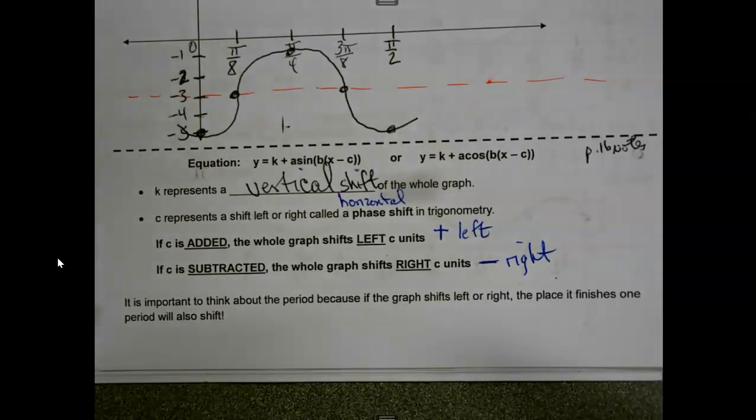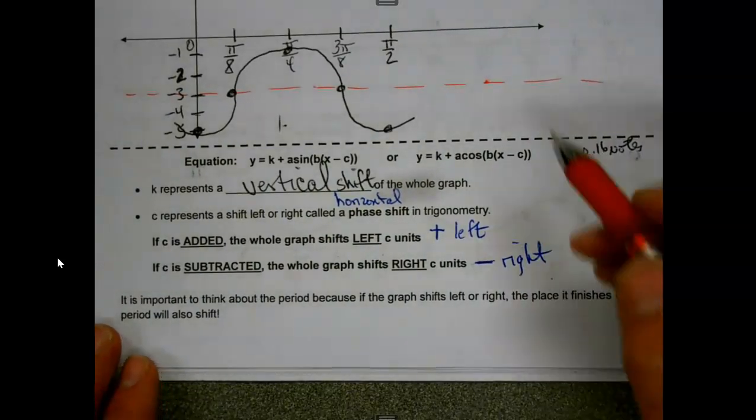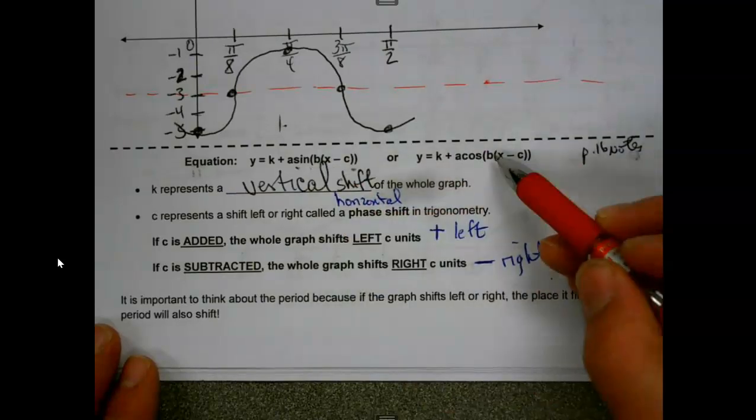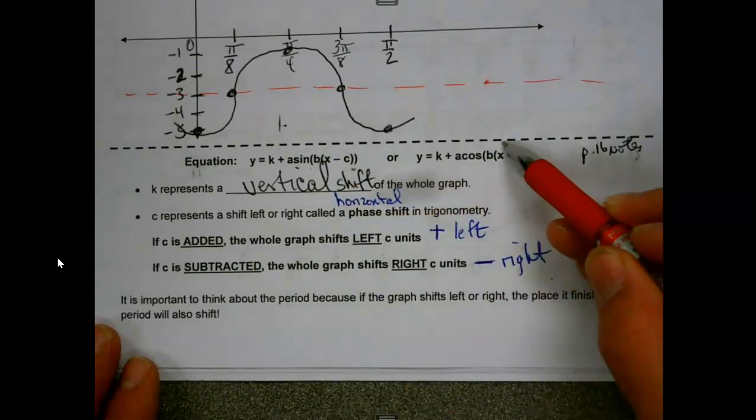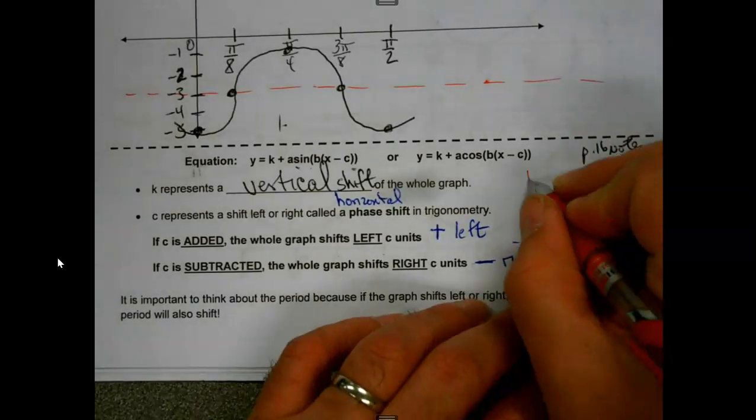But here's one thing I need you to take note of, because people get confused by it every time they see it. They go, Hardy, is this B that's out here, is that distributing to the X and to the C? The answer is no, okay?